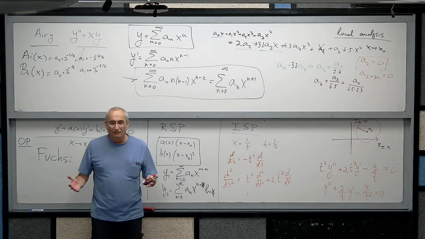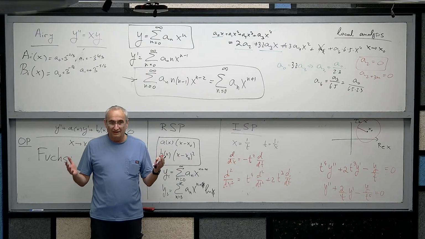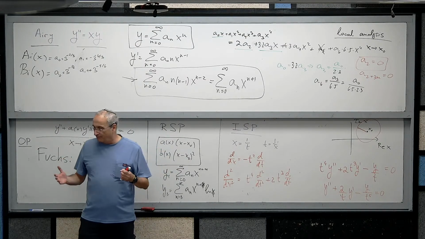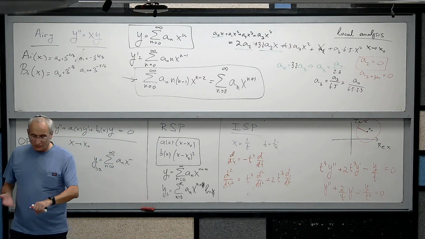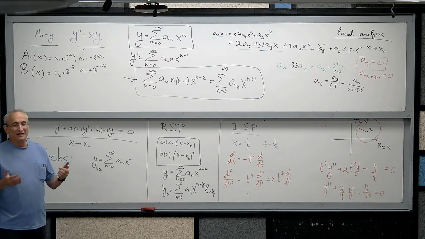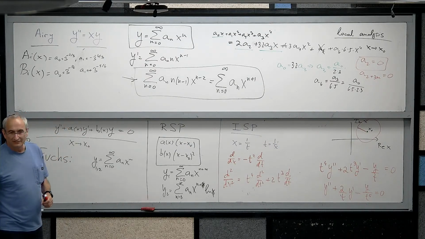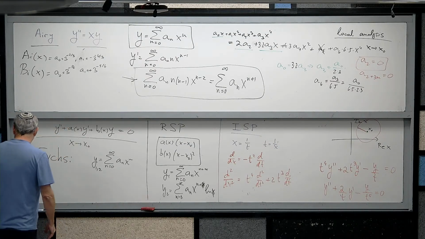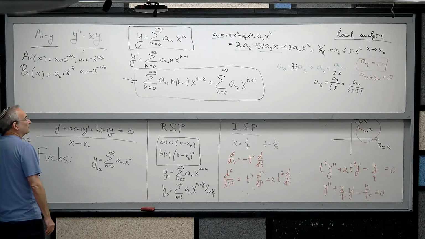So we have to think what to do. Actually, the main topic of this talk was supposed to be what to do when you have an irregular singular point. Okay, so first of all, let's try to get some intuition.